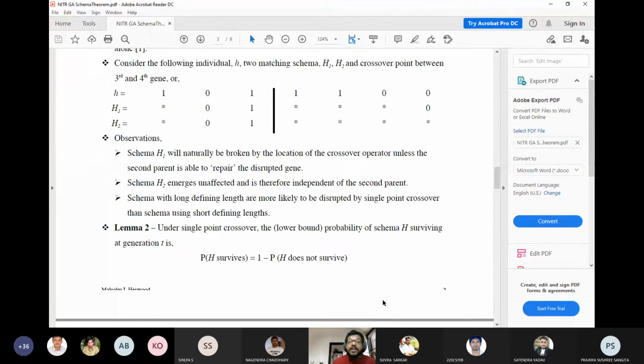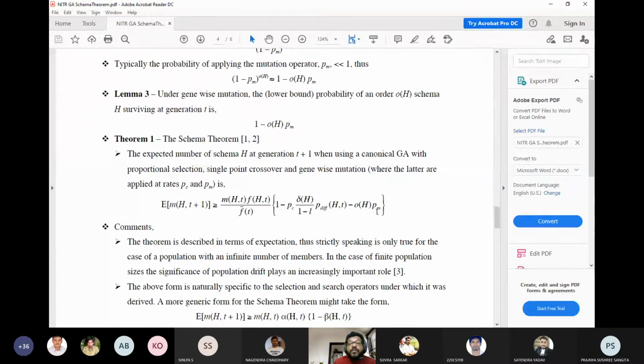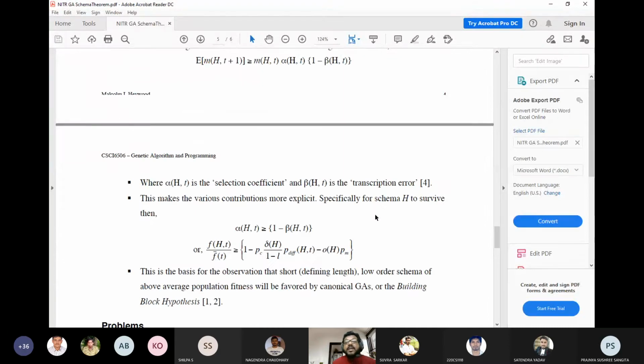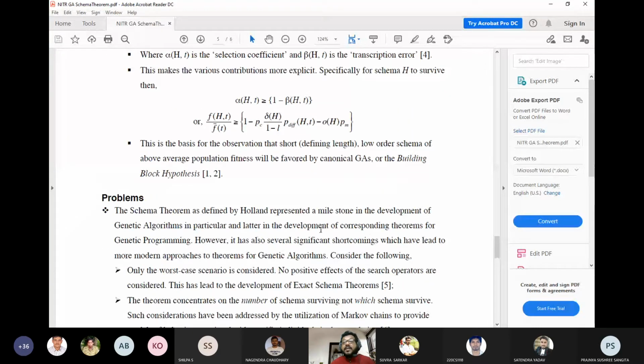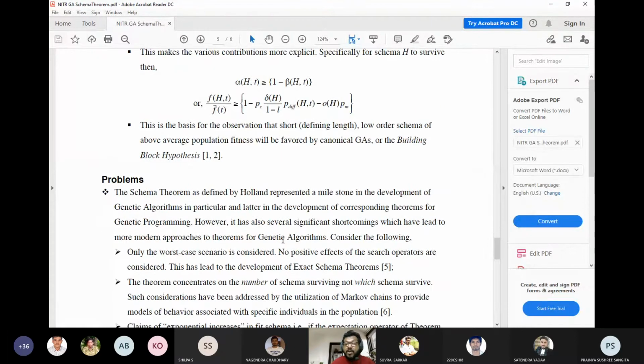It is about a simple probability distribution and the conclusion, which is known as the theorem. It starts with a hypothesis, but it proves that there is a good probability of getting a solution with certain advisories. Certain advisories means what the length of the chromosome should be, what the size of the population should be, and what the length or order of the schema should be.